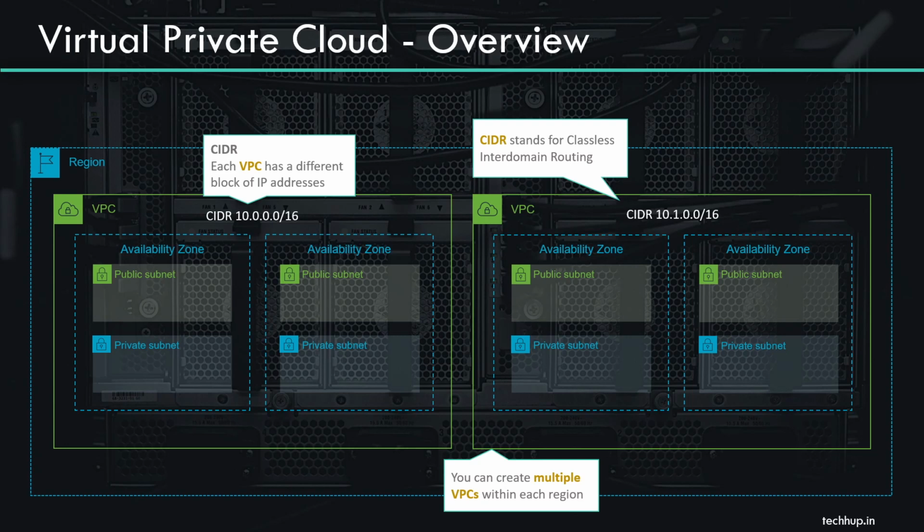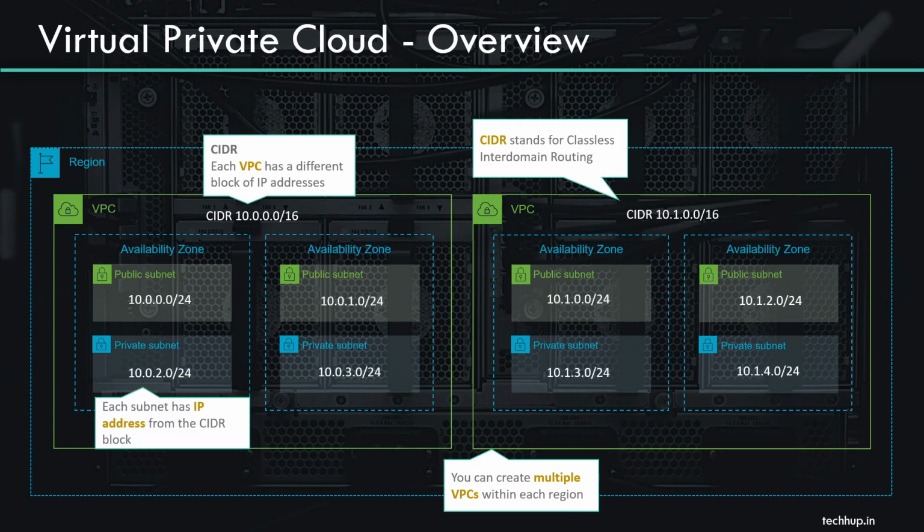From the primary VPC CIDR block, we can then create the network IDs for our subnets, and they will all fit within the primary CIDR block of the VPC, but they will have a different subnet mask, so that essentially it is a subset of the available addresses in the primary CIDR of the VPC.